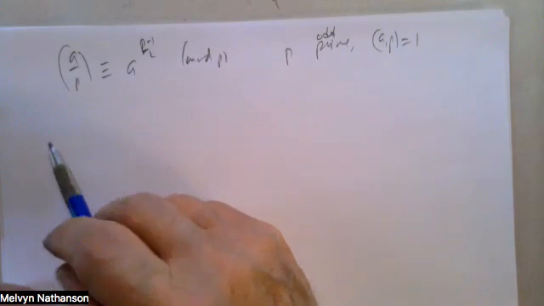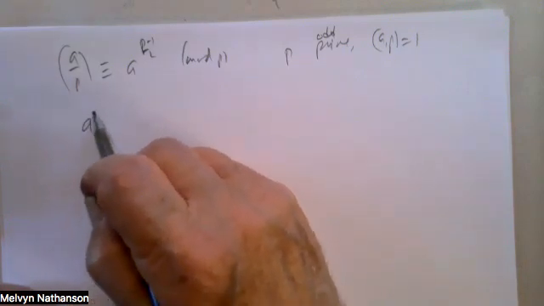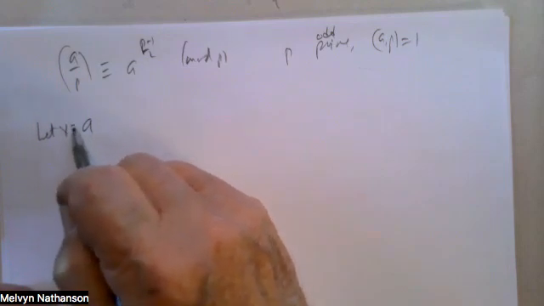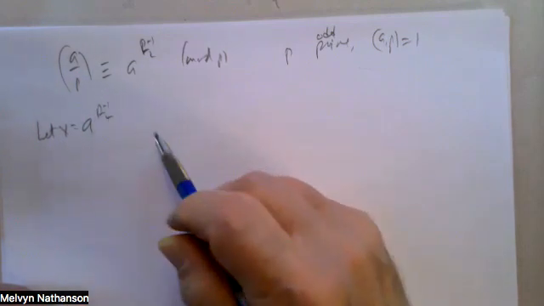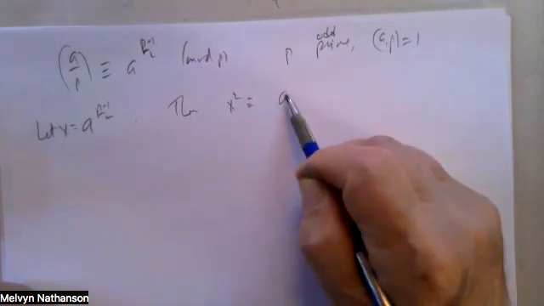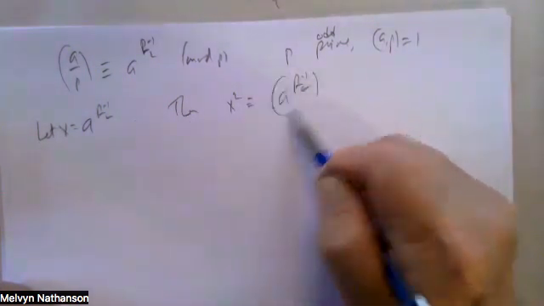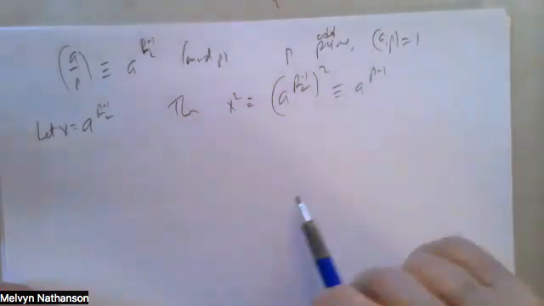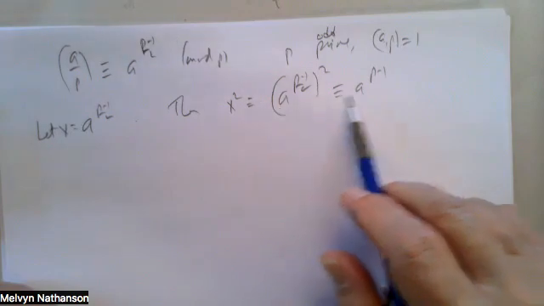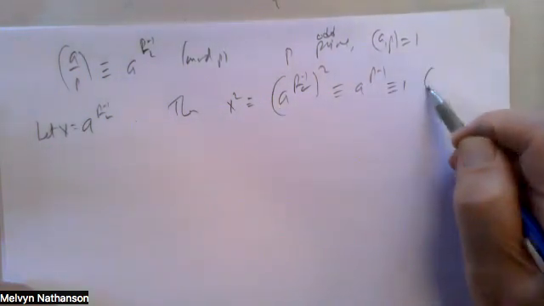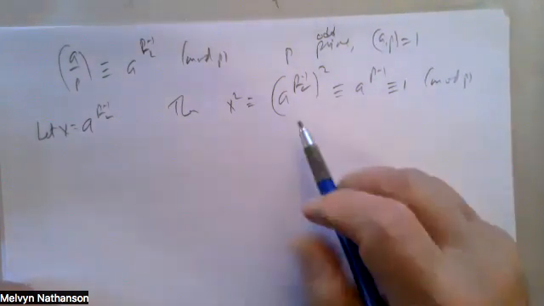So suppose I let X equal A to the P minus 1 over 2, then X squared is A to the P minus 1 over 2 squared, which is A to the P minus 1.